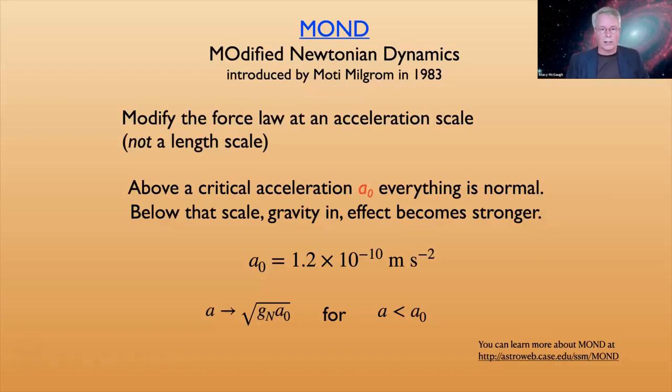And so here is the idea. Our brains usually think, oh, well, galaxies are big, and so on some large size scale the force law will change. And that's not how it works. The scale that matters is not some giant length scale, but this tiny acceleration scale. So above this tiny acceleration scale, everything is normal.